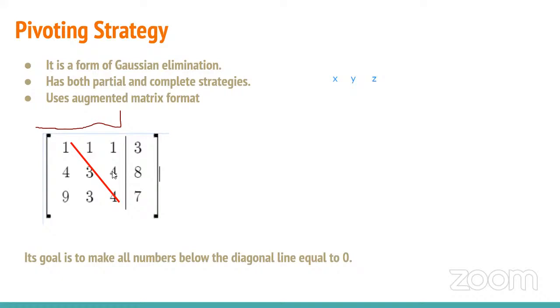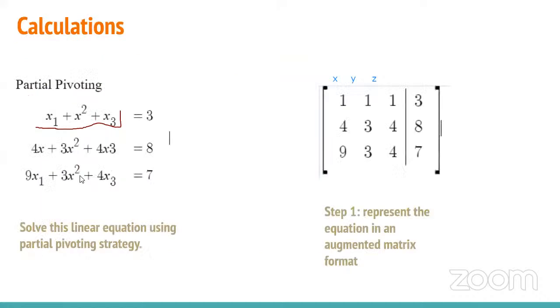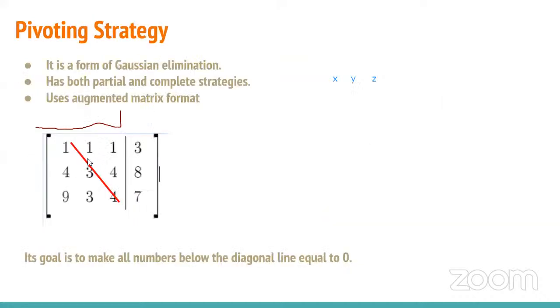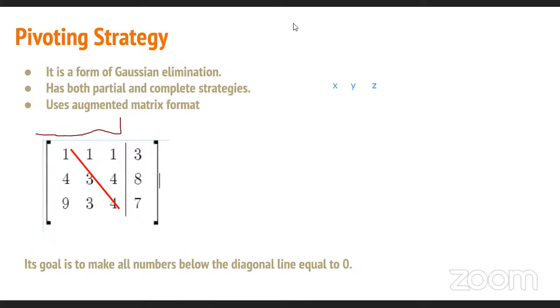The goal of this pivoting strategy is to make all numbers below the diagonal line equal to 0. What we care about here is just these three numbers.